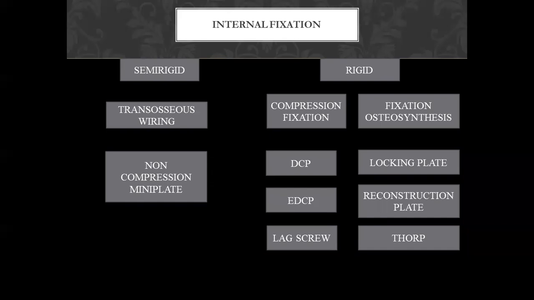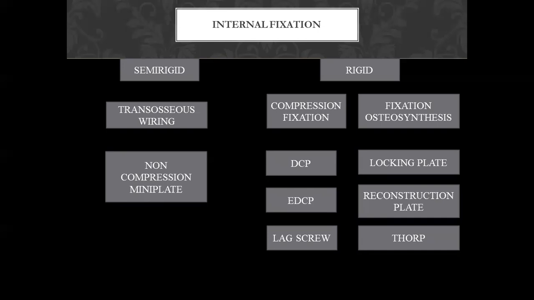Whereas semi-rigid is also called non-rigid fixation, which is strong enough to allow the active use of the skeleton during the healing phase, but not of sufficient strength to prevent the interfragmentary mobility. So that is a disadvantage of using semi-rigid instead of rigid fixation.